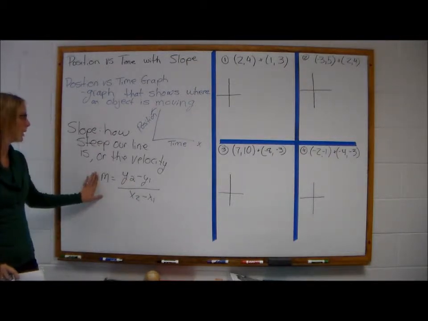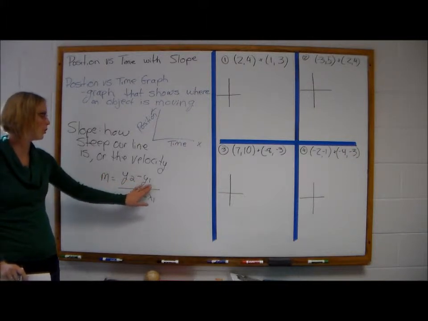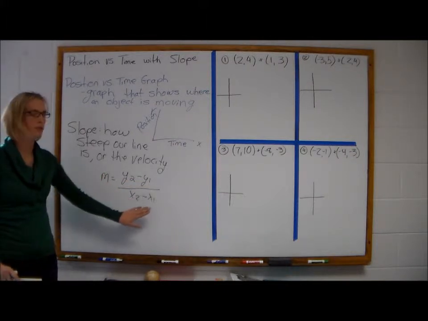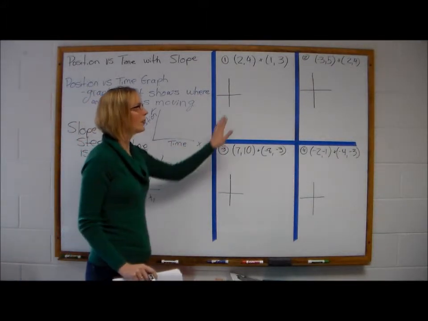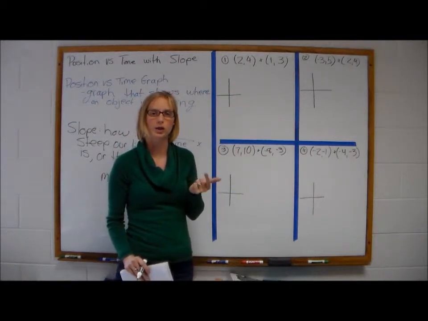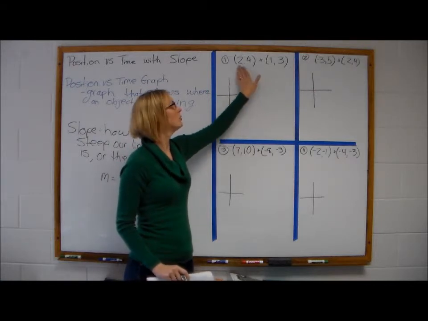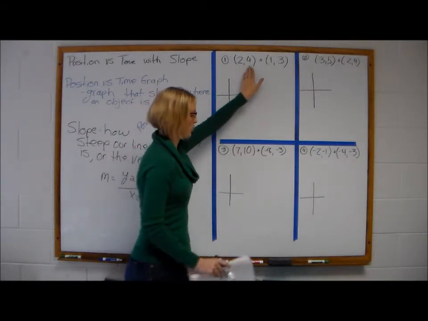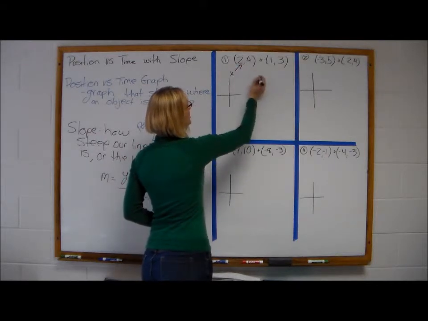Slope formula is m equals y2 minus y1 divided by x2 minus x1. So let's look at our examples. The first thing you have to do is figure out what is your y, what is your x. Points are always given in parentheses. They'll always do x and then y. So this will be an x value.